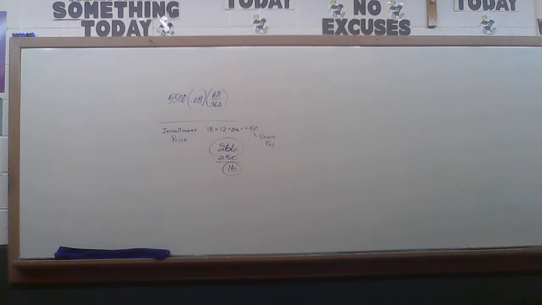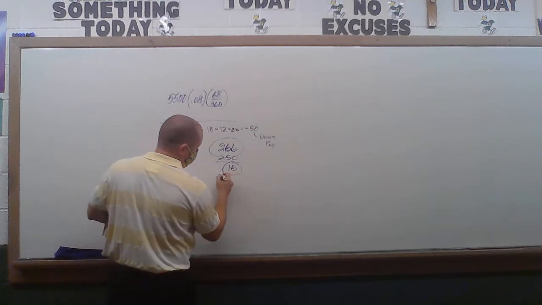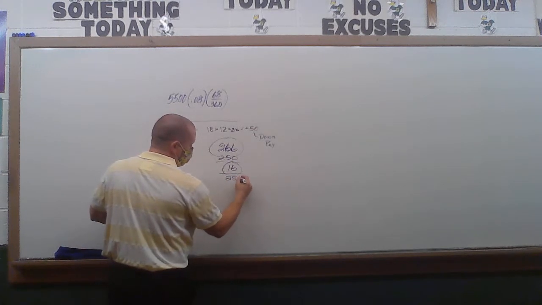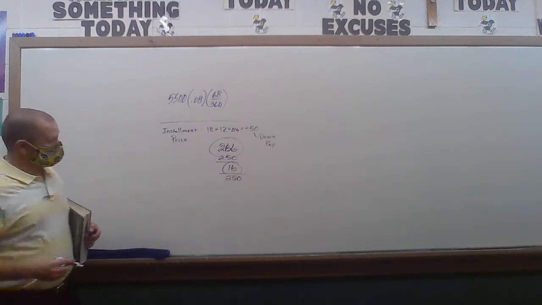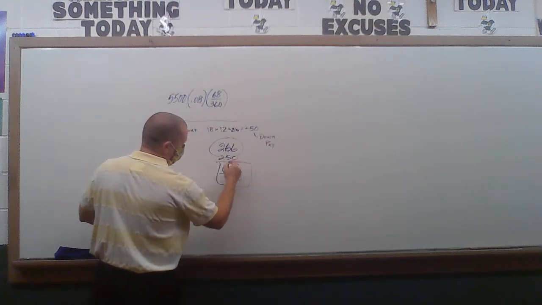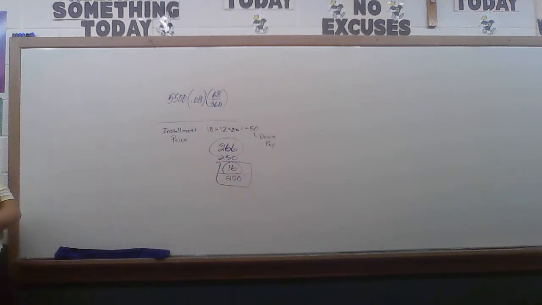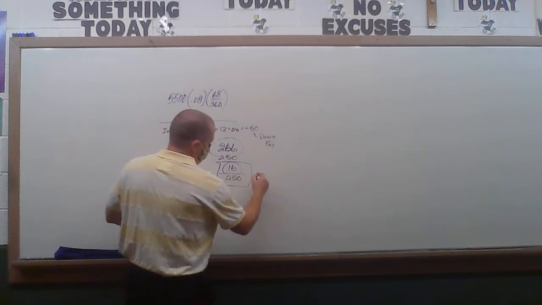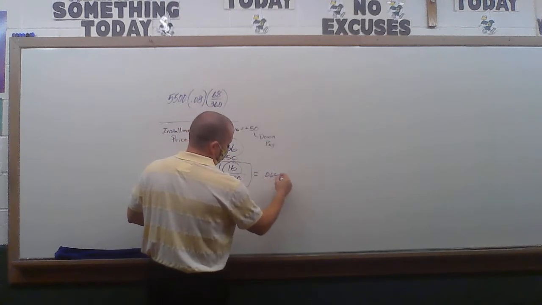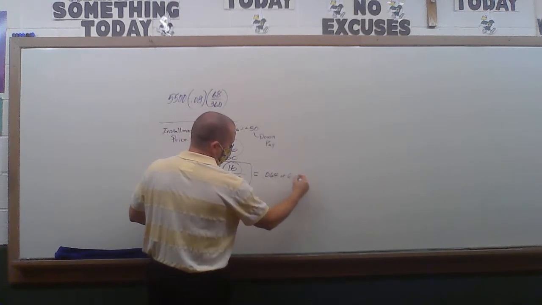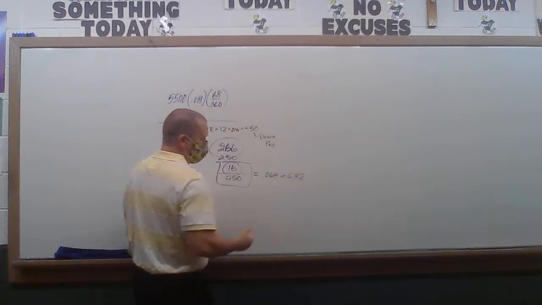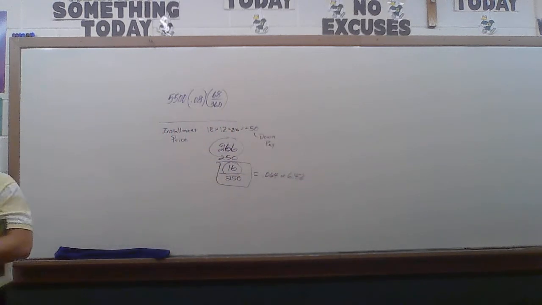16 divided by 250. Always the original or cash amount. Exactly right. So 16 divided by 250 is 0.064, or 6.4%. So basically, they're saying if you would have paid cash right away, you would have saved 6.4%.